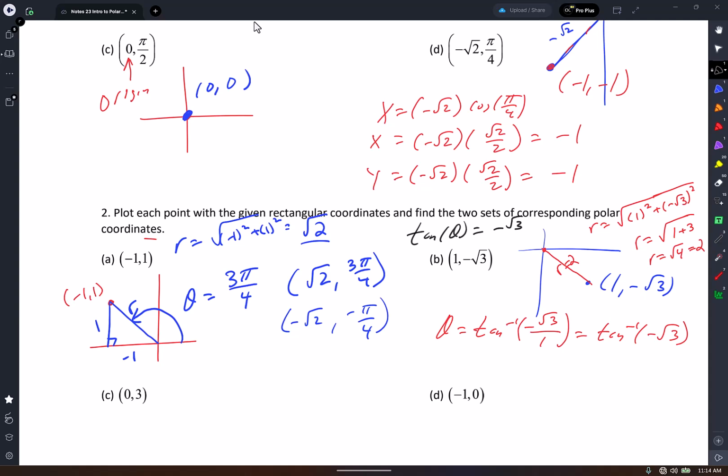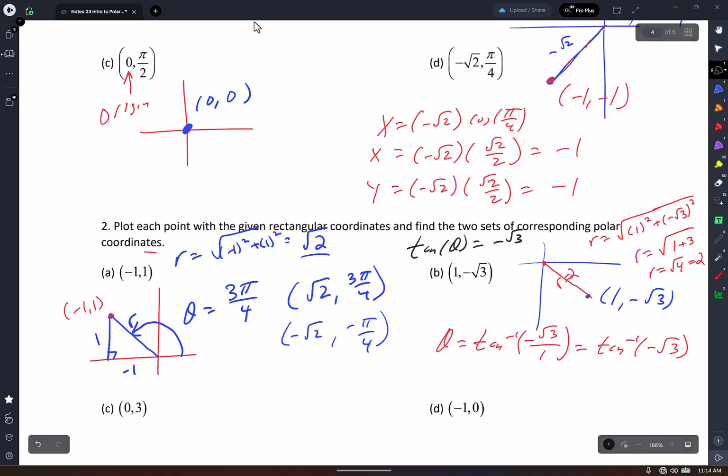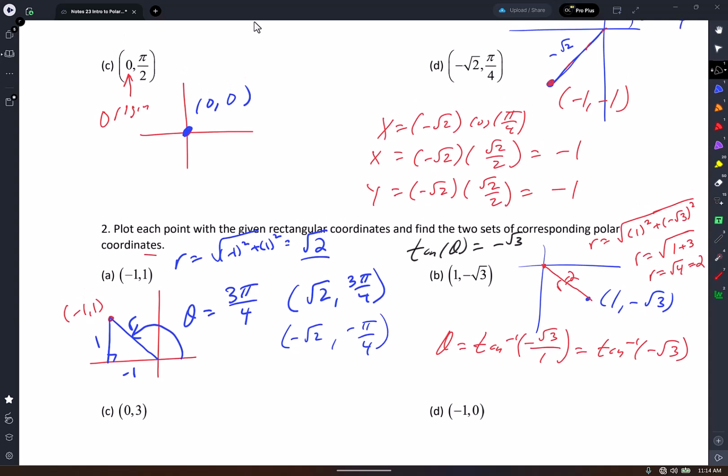So in quadrant 4, I want the y to be negative. In quadrant 4, in the unit circle, if I have negative square root of 3 over 2 as the y and a positive half as the x, this will give me negative square root of 3. Do you guys see that? And that's what I want. I want arctan of negative square root of 3. So in quadrant 4, what radian gives me that?